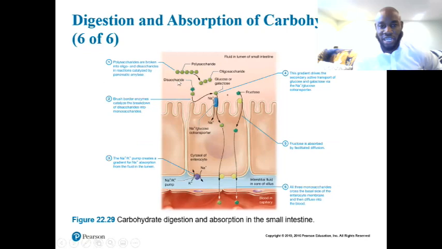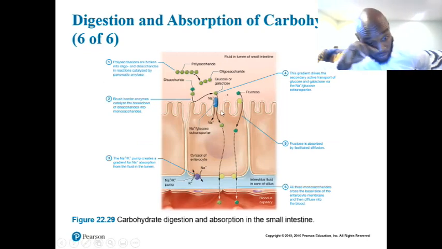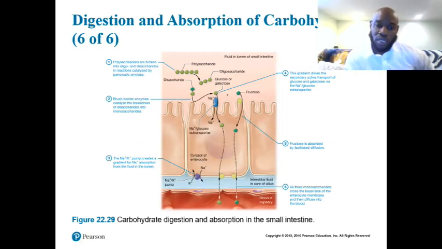So we have polysaccharides, multiple chains, broken down into oligosaccharides, broken down into disaccharides, eventually into monosaccharides, the smallest ones. For glucose or galactose, we have this sodium pump, which is an active mechanism that requires energy, and gets the glucose or galactose into the enterocyte.